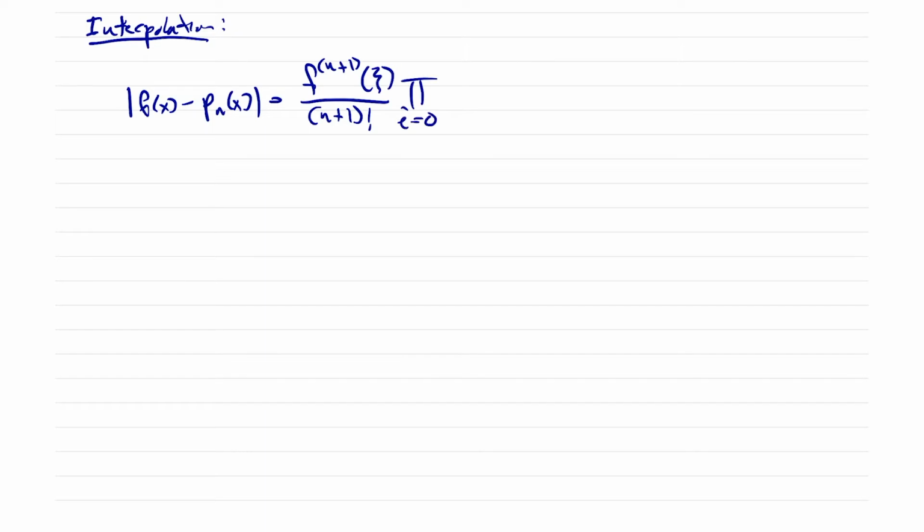So here we had f of x minus, say, Pn of x is equal to, so the remainder term we got was f to the n plus 1 of c divided by n plus 1 factorial. Then we had a product, i equals, say, 0 to n, of x minus xi.